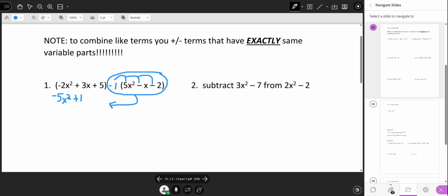And when there isn't a number in front, that coefficient is 1. Then minus a minus 2 is plus 2.